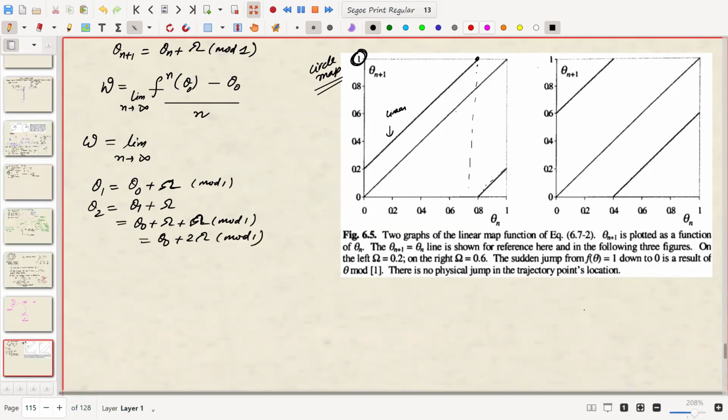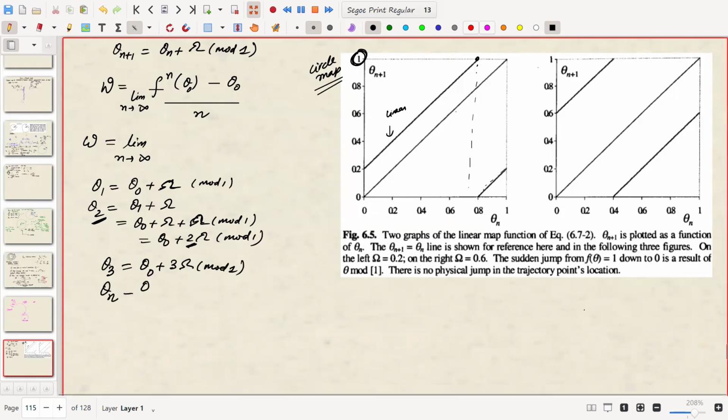Agreed? So this is for theta 2. So if it is theta 3, you will straightforwardly see that it is theta naught plus 3 omega. If it is theta n, it should be theta naught plus n omega.